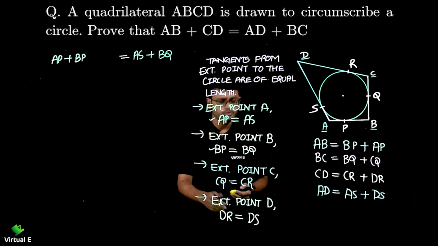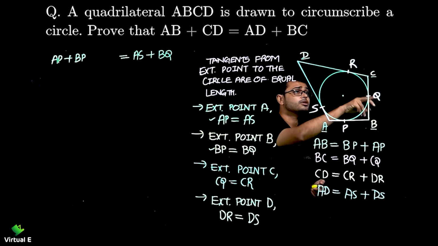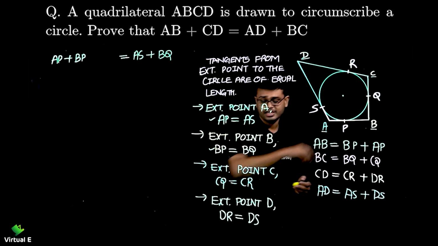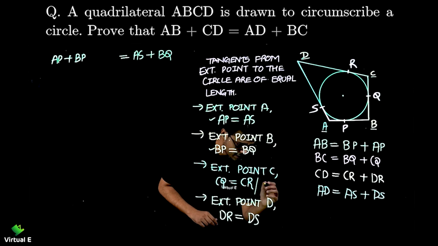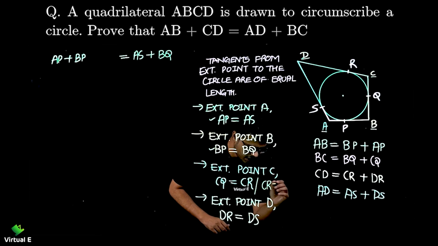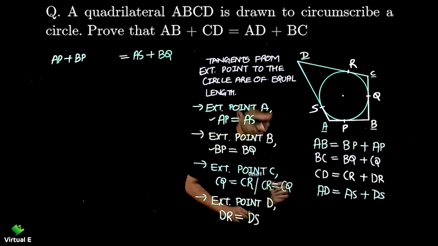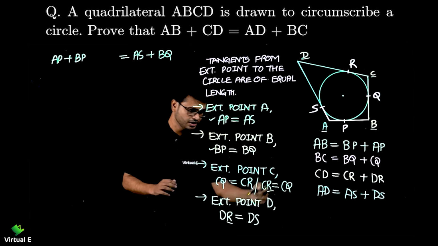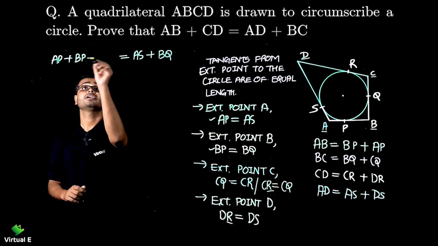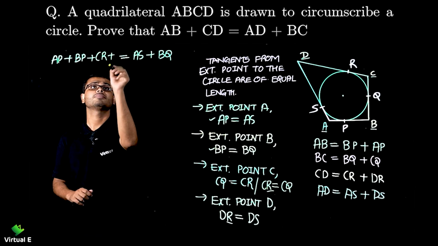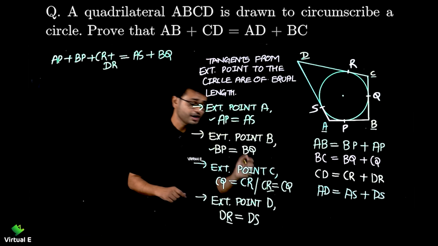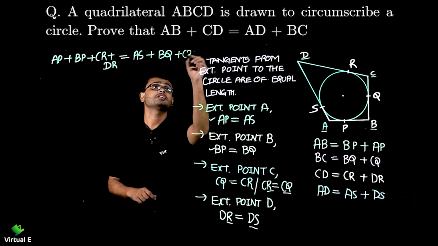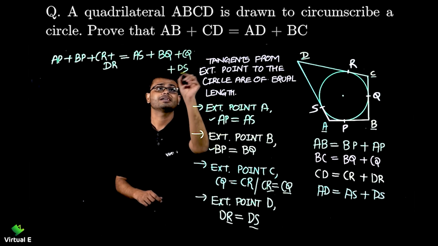Then CQ and DR. Instead of CQ, let's take CR, where we write the alternate, which is CR is equal to CQ. I'll tell you the reason behind that. Take this same alphabet with you. That is really easy. So CR plus DR. On the RHS there will be CQ and DS. So CQ plus DS.